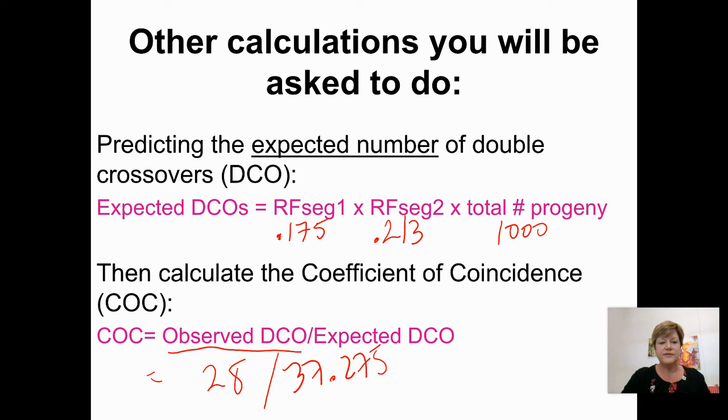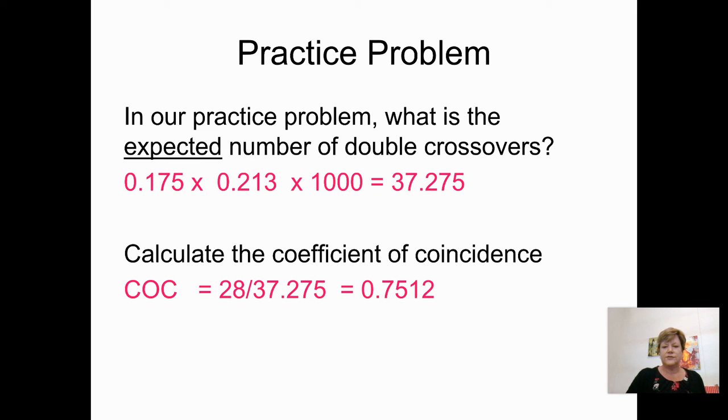If the coefficient of coincidence is 1, that means you observed exactly what you expected. That's pretty unlikely, but it could happen. In this case, 28 divided by 37.275 is 0.7512. And so you see that calculation there.